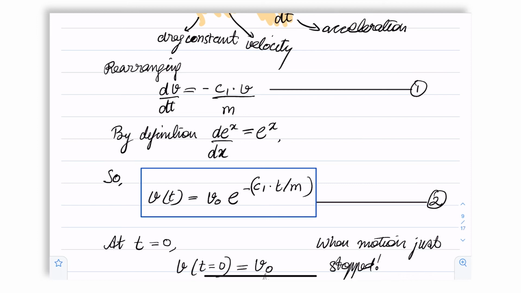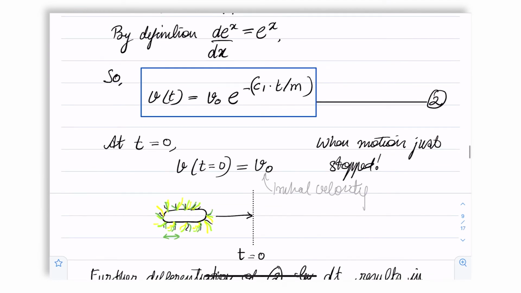So this exponent is in terms of time, the drag coefficient, and the mass. At t is equal to 0, the velocity is some initial velocity, which we will call v naught.